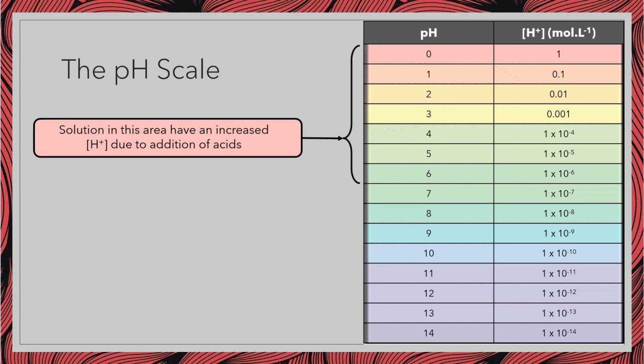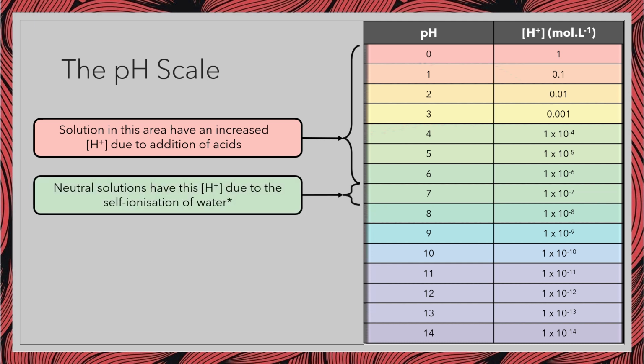Solutions in this top area have an increased hydrogen ion concentration due to addition of acids. Neutral solutions have this hydrogen ion concentration due to the self-ionization of water, which we'll get into in a future lesson, but it's based on Kw, the self-ionization constant of water.